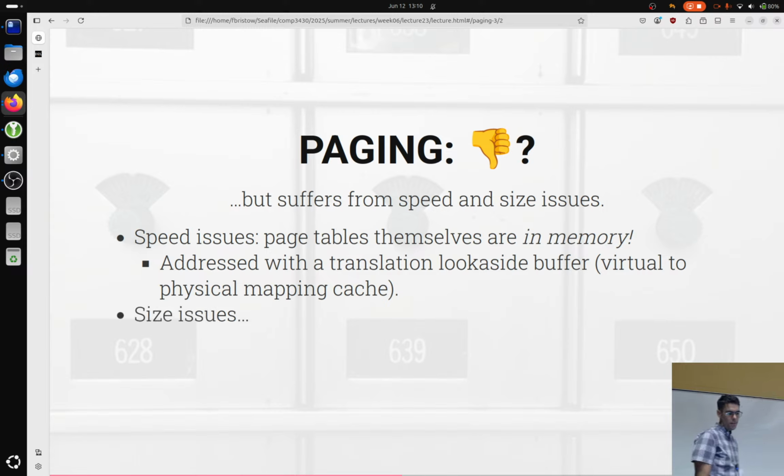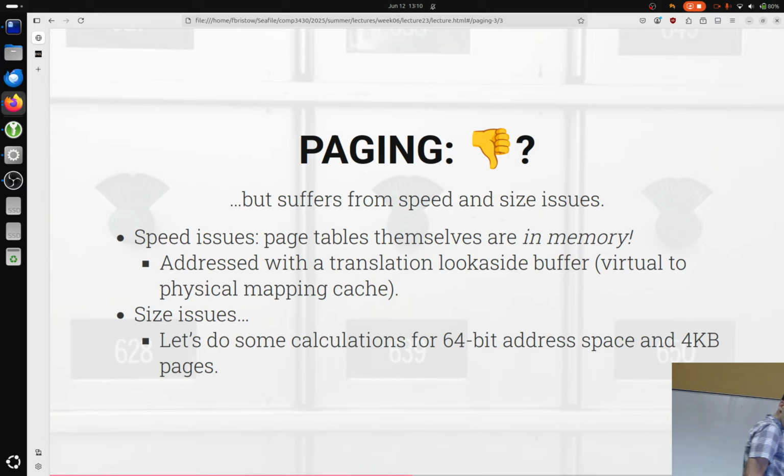The other problem is that there are size issues with this approach. Size in terms of the amount of memory that's needed to do this. Let's do some calculations for a 64-bit address space with 4 kilobyte size pages.